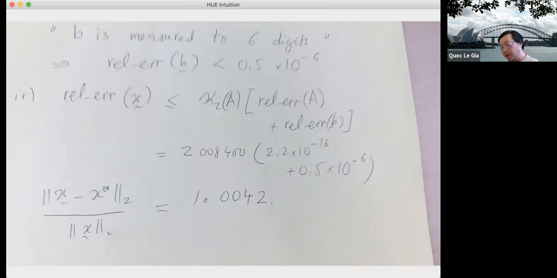Okay, so number 5 is about LU factorization.